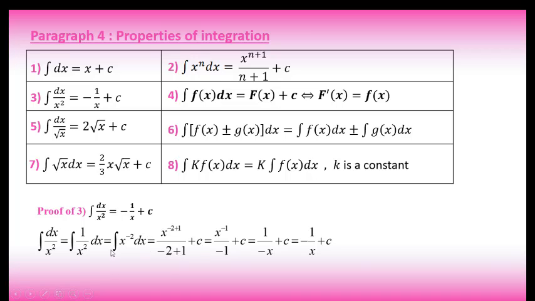To solve the integral, we add 1 to the power and divide by the new power. Now x^(-1) over -1 plus c. c is written alone in all cases. x^(-1) in the numerator, we have minus. Now minus 1 over x plus c, which is the property.